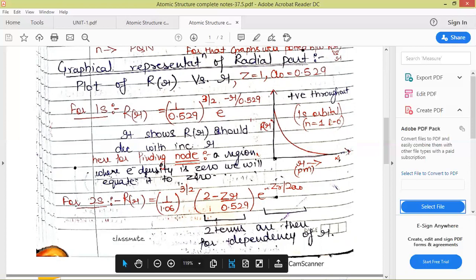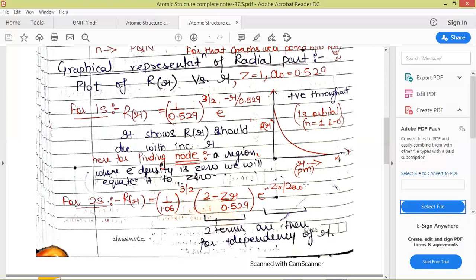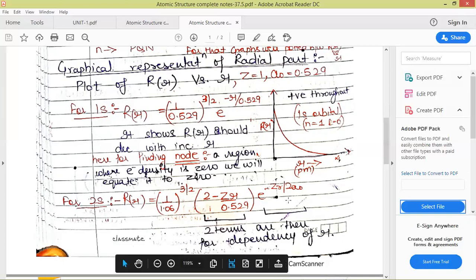Next we have the 2s orbital. Here two multiplication terms are there, one is this and the second is this. Here also we first try to find the region where electron density is 0, which is called a node. I have already explained that a node is a region in space around the nucleus where electron density is 0. If we put the whole term equal to 0, then either this term is equal to 0 or that one is.